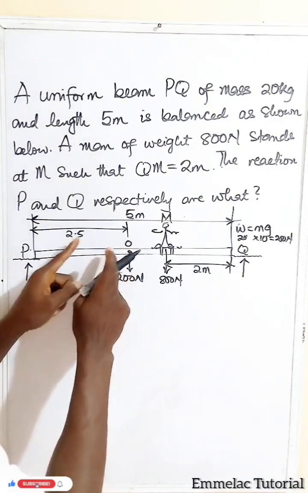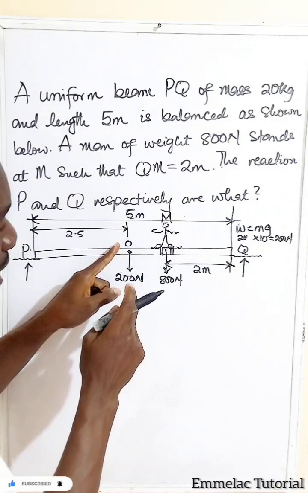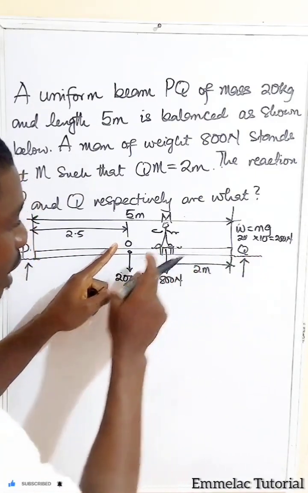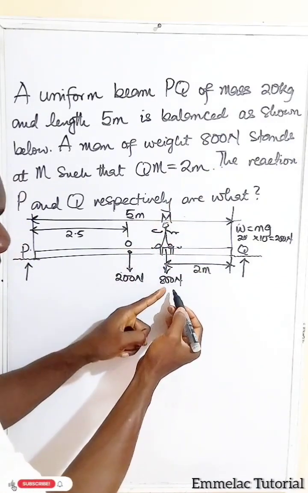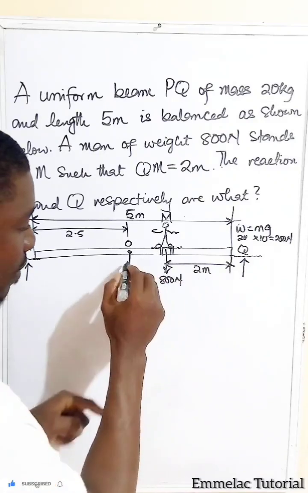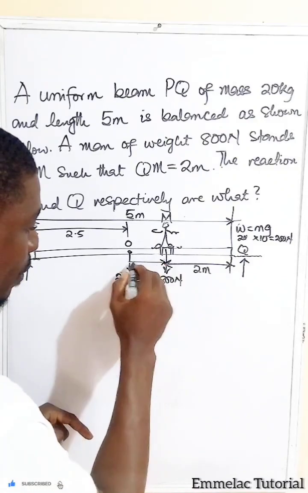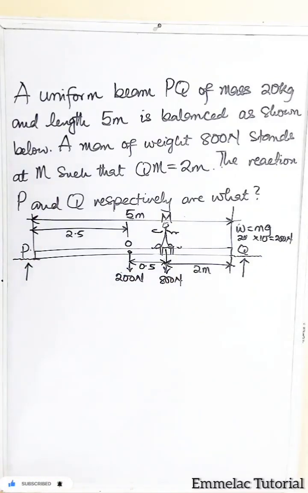And if from P to O is 2.5, it also implies that from O to Q is 2.5. And from the question, from the man standing to Q is 2 meter. Definitely the remaining part here will be 0.5. I hope you are following.